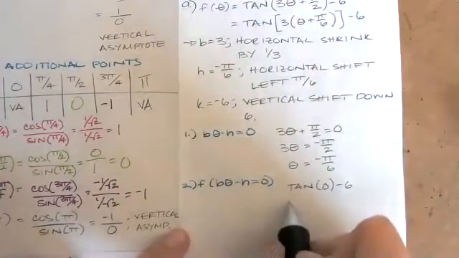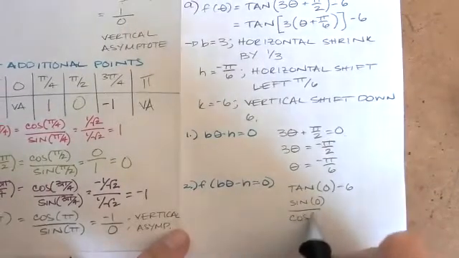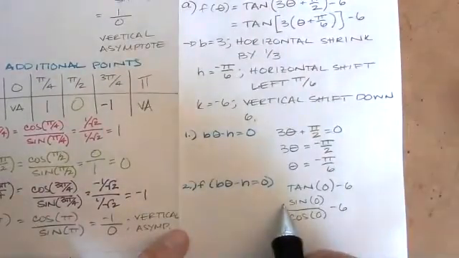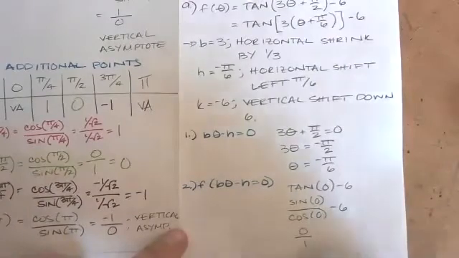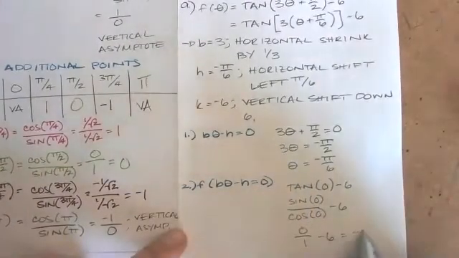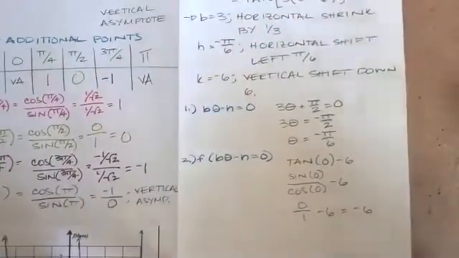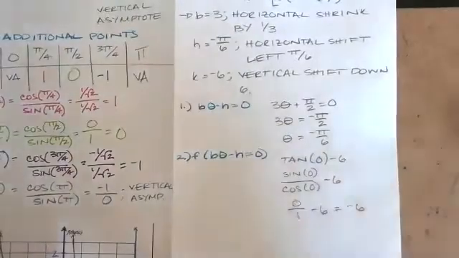Remember, the tangent is the sine of 0 over the cosine of 0. So the y-coordinate of the angle on the positive x-axis is 0 over 1. So all of that simplifies to negative 6. Okay.